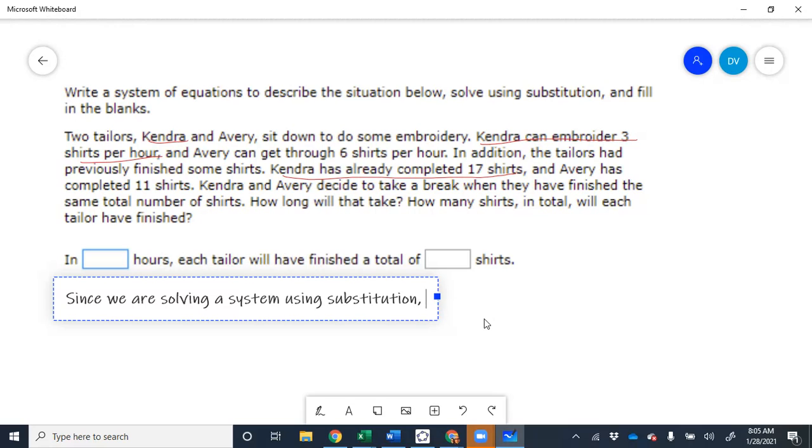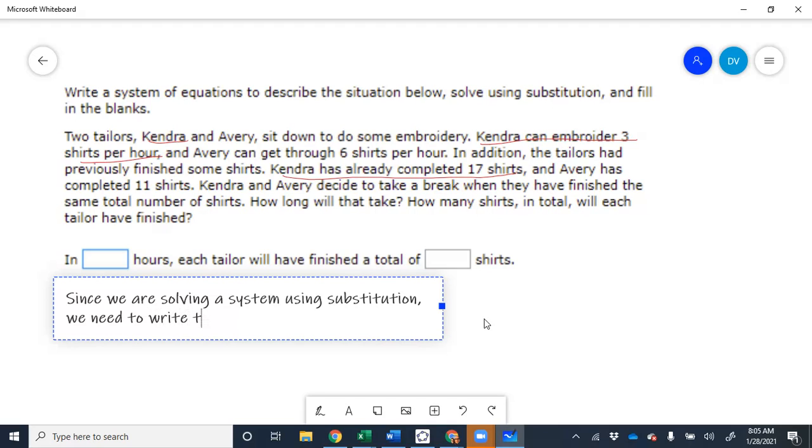So the notes that we want to use say that since we're solving a system using substitution, we need, like the directions say, to write 2 equations with 2 different variables or letters.